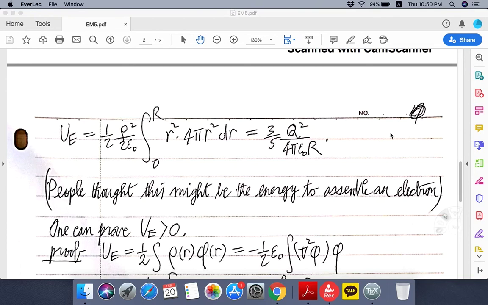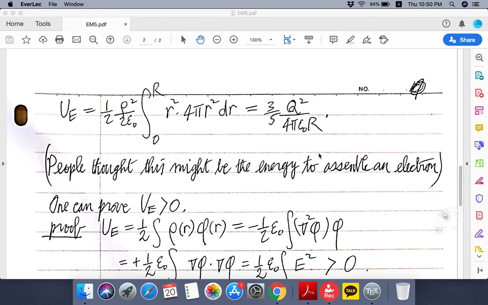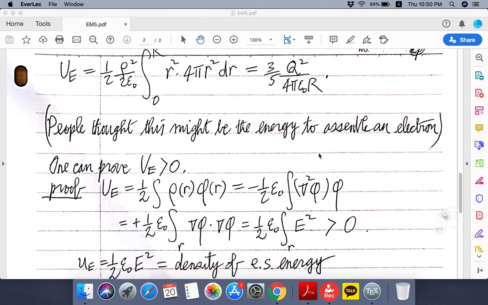So by equating this electrostatic energy to the rest mass energy of an electron, people tried to deduce an estimate for the radius of an electron, which, as far as I know, never really worked out.